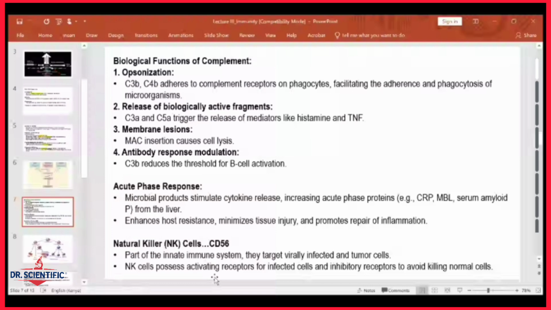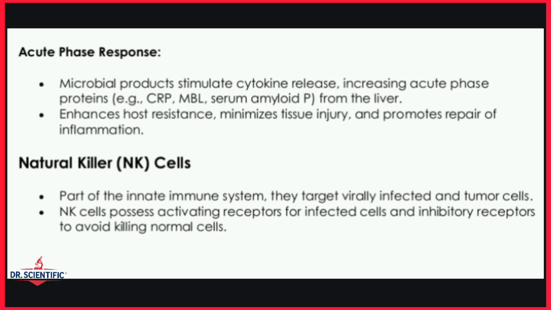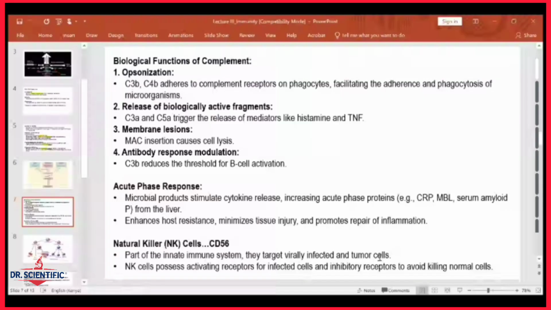Of course, we can classify a tumor as being intracellular. Most of the viruses have to get into the cells, so they are intracellular. And the only way to kill such a cell is either it is phagocytosed or it is perforated. So natural killer cells are able to perforate cells.